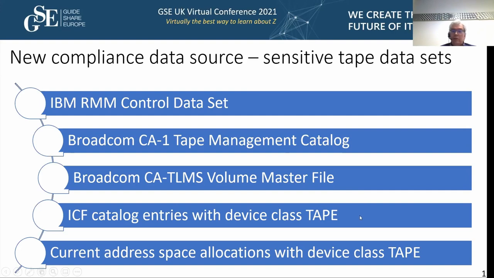There's a whole world of possible discrepancies, and then we also have the current address space allocations with device class tape. So that's where we get the tape datasets. And as a consequence of this feature, you might actually see that reports suddenly get a lot bigger. So some people have reported that they suddenly got a million lines more.